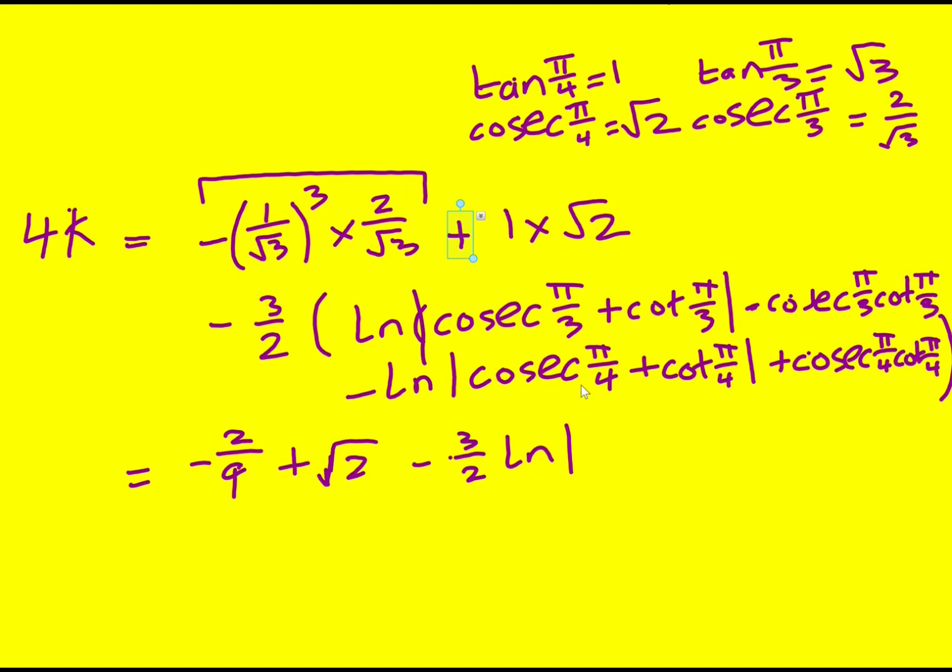We've already talked about cosec, so we're going to have 2 over root 3 plus 1 over root 3 minus 2 over root 3 times 1 over root 3.